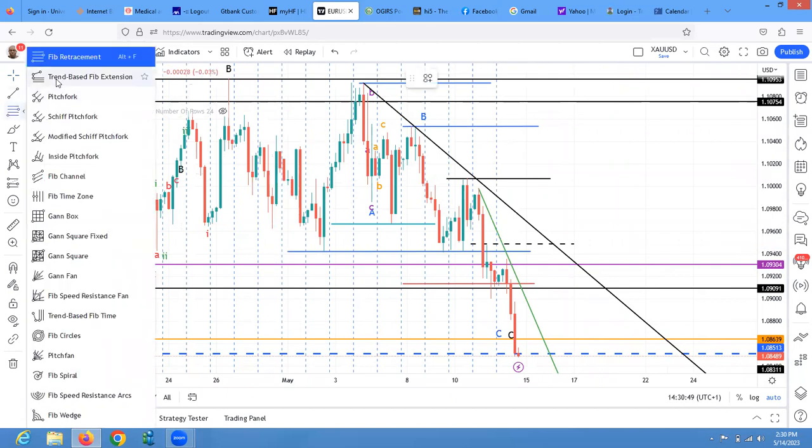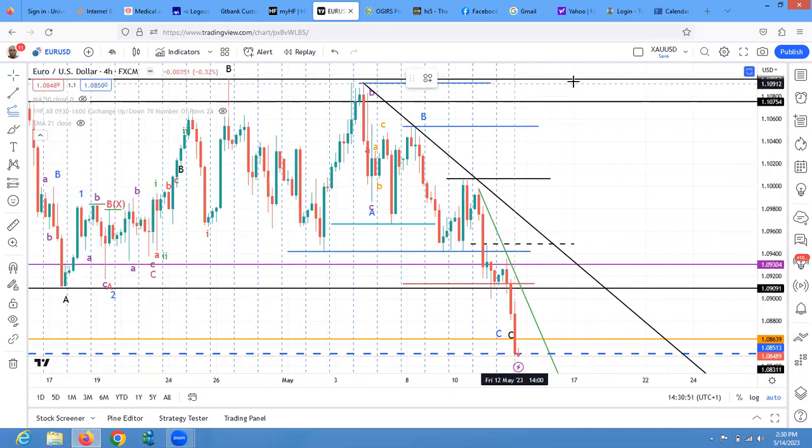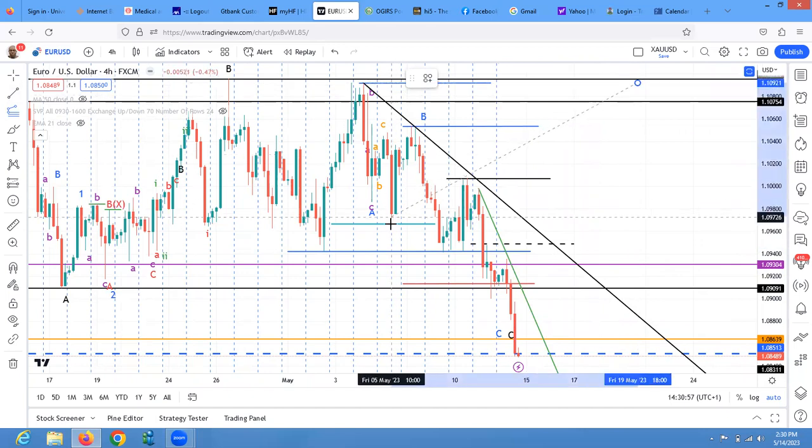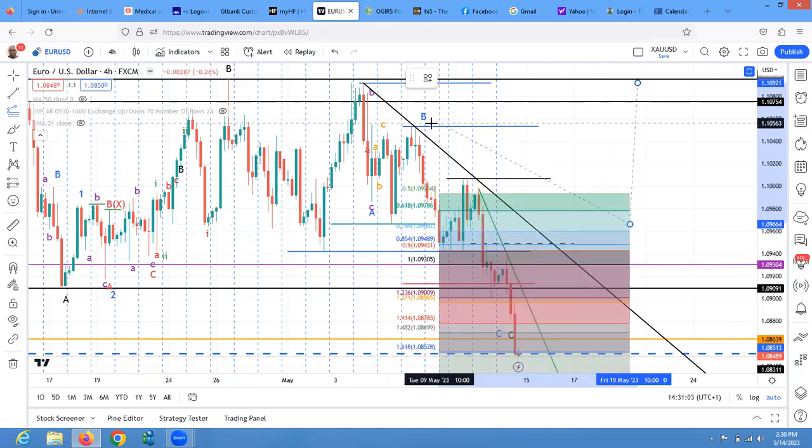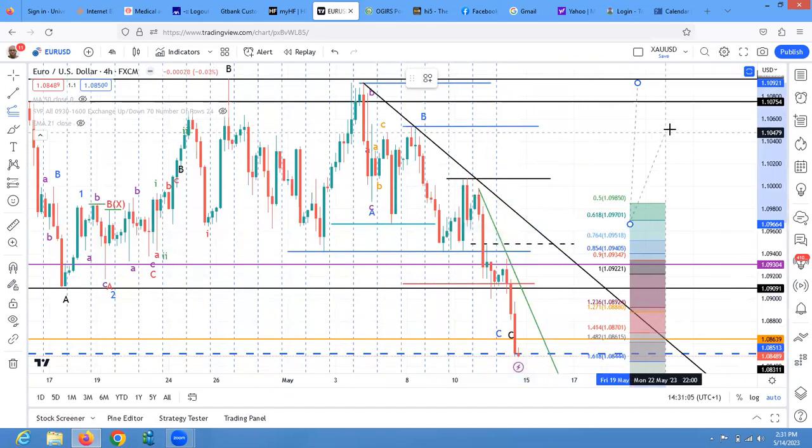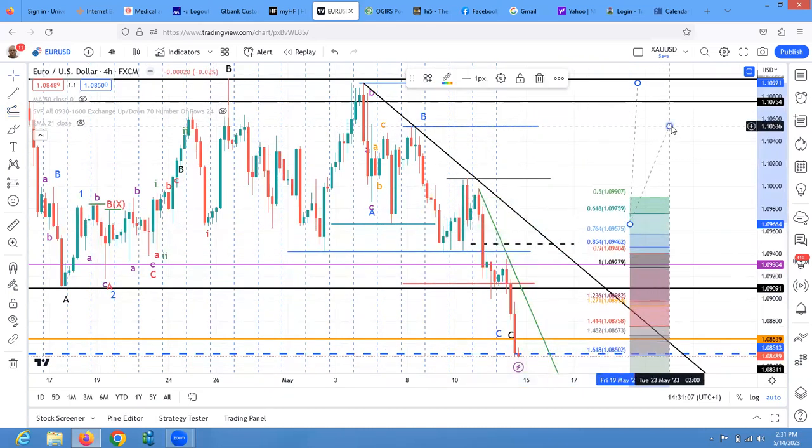So an extension there will mean right from the top of 1 here down to this low of 1 here, you can see, then back to the top of 2 here, which is here. So 161.8 is actually where the price is showing some reaction now.